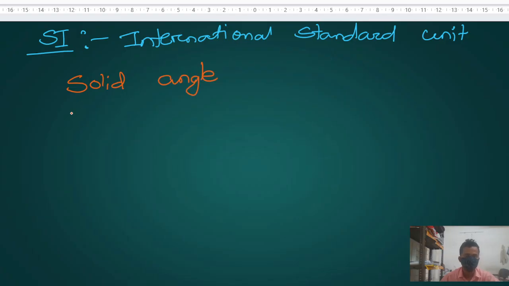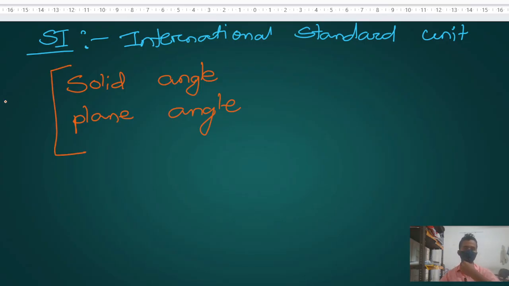In SI units, total 9 fundamental quantities are there.